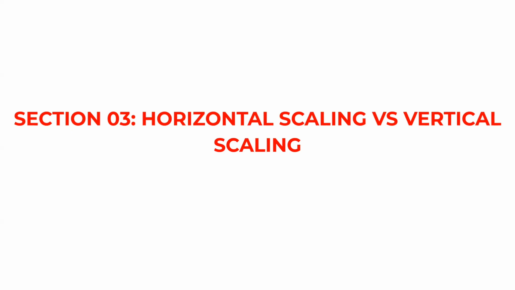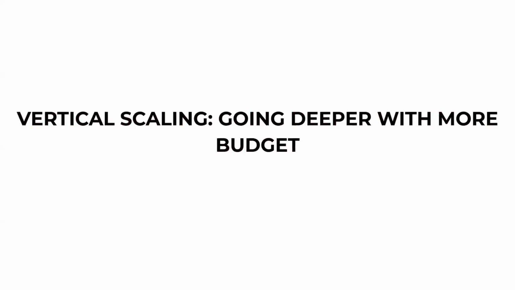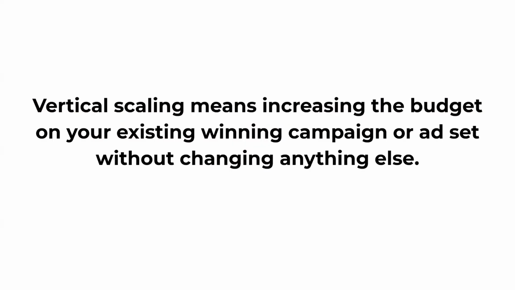When we talk about vertical scaling, we're talking about going deeper with more budget. For example, your campaign is running at 5,000 and you now increase it to 8,000. What you are doing simply is vertically scaling the advert. Vertical scaling simply has to do with increasing your budget.